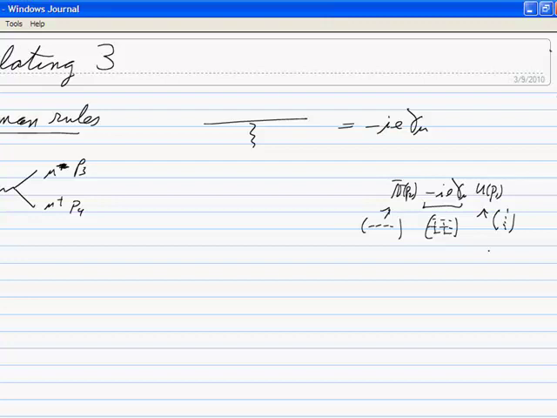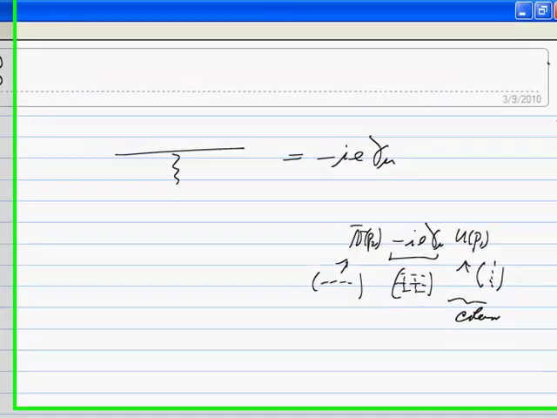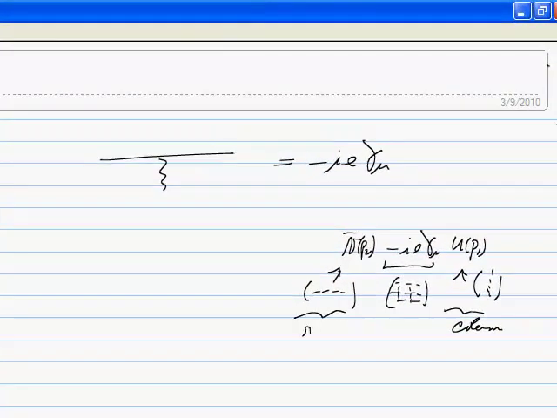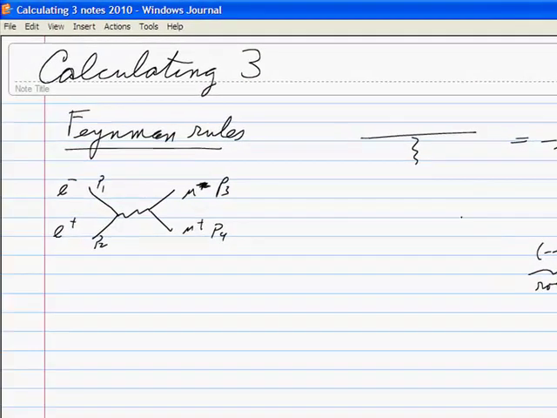It's always the column guy sits on this side, the row on the other, and the matrix sits in the center. Then we had a propagator minus i g mu nu over q squared, and q here is p1 plus p2.